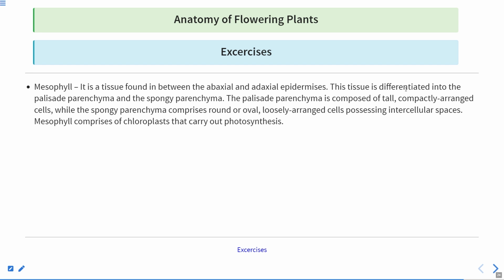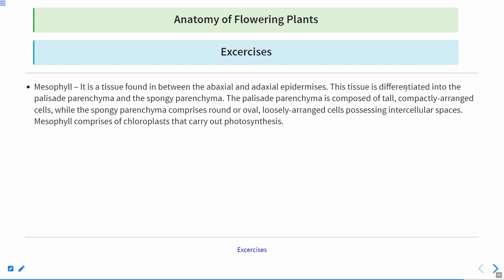Okay, the one adjacent to the upper epidermis is the palisade parenchyma, which is more of cylindrical type, and it is having a lot of chloroplast in them.